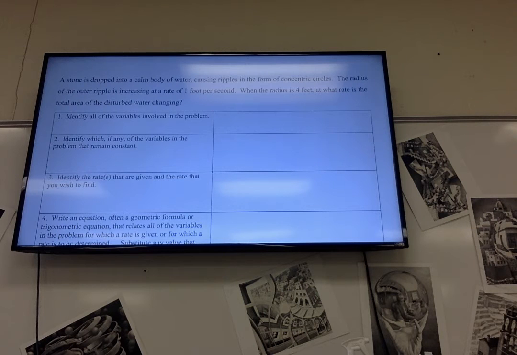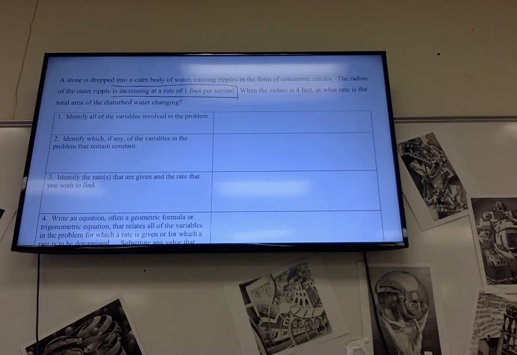When the radius is 4 feet, at what rate is the total area of the disturbed water changing?